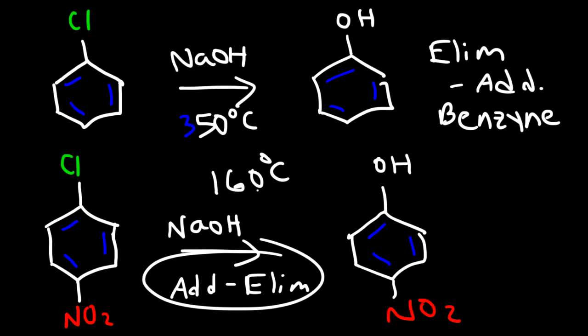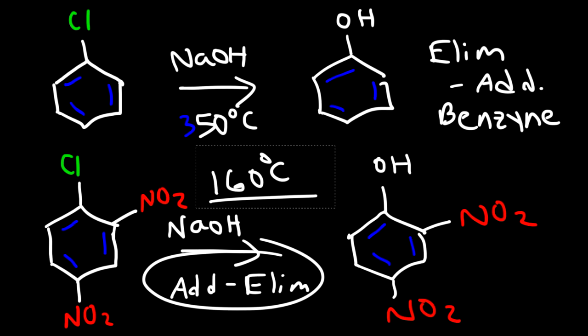Now, this temperature could vary depending on the pH of the solution and the leaving group. If you have a better leaving group, then it's going to be easier to kick it out. Let's say if we have two NO2 groups rather than just one. So the temperature that's needed to kick out the chlorine atom and replace it with a hydroxyl group will be less than 160.